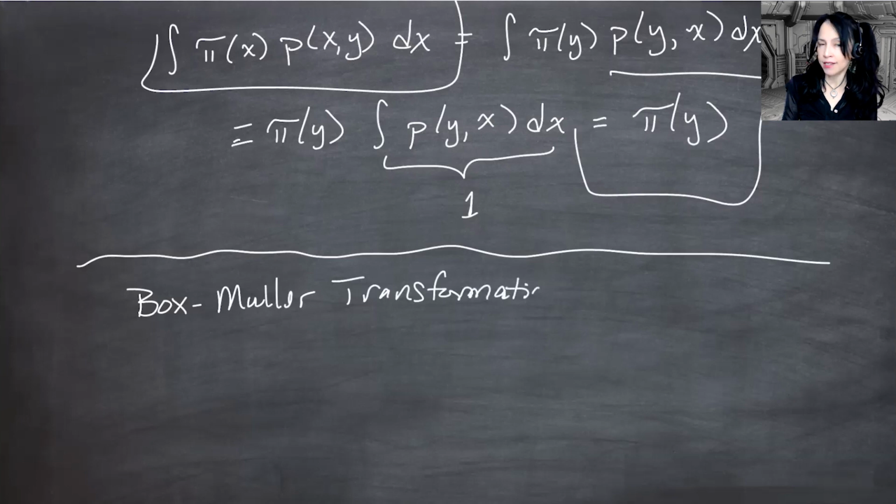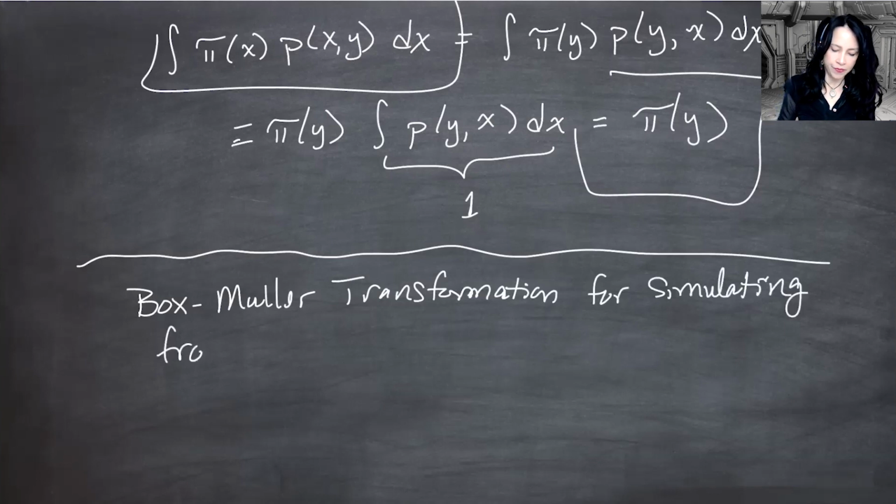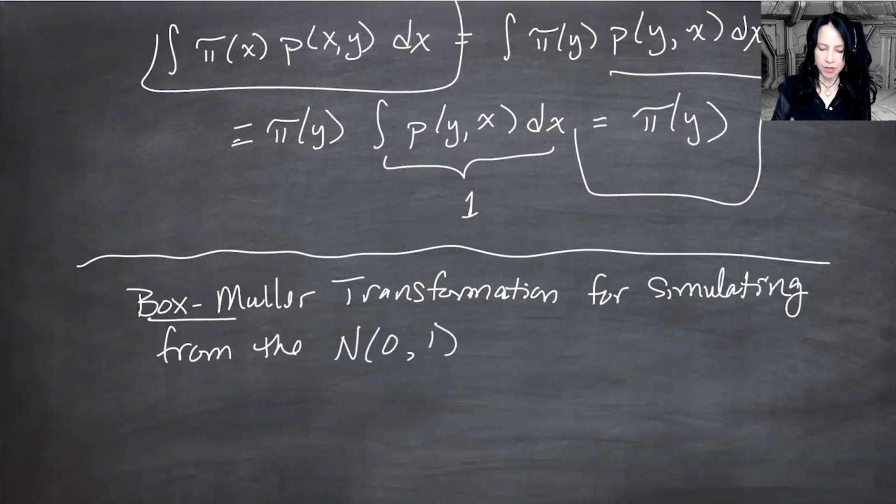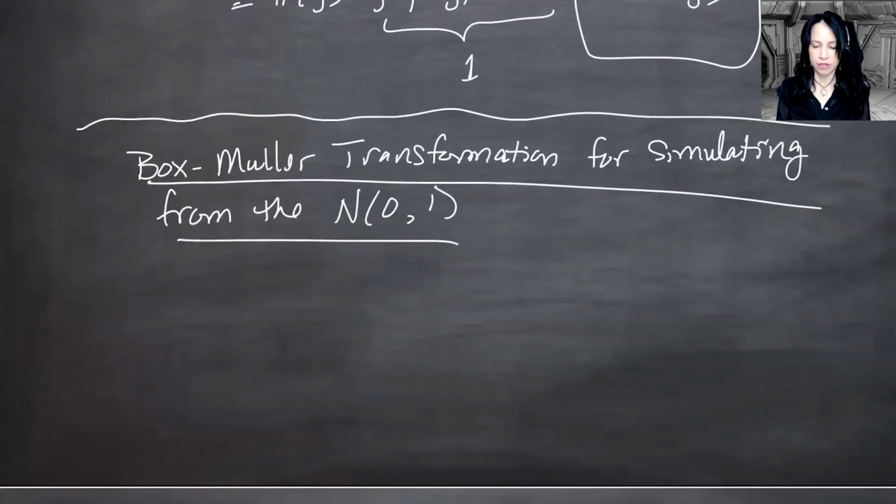You're going to need MathStat to fully appreciate this, but for simulating from the standard normal distribution with mean 0 and variance 1, if you don't know what I'm talking about, don't worry about it. This is just for fun. And here's a cool result.